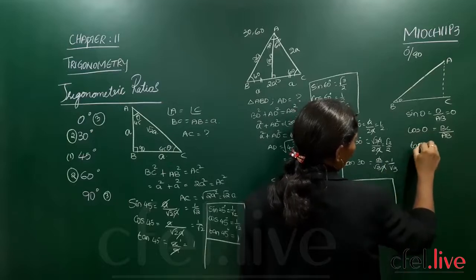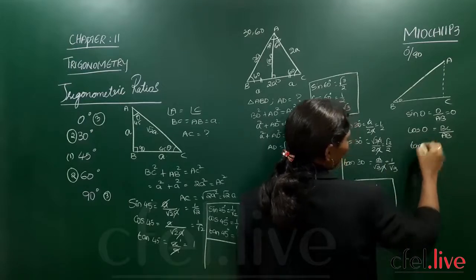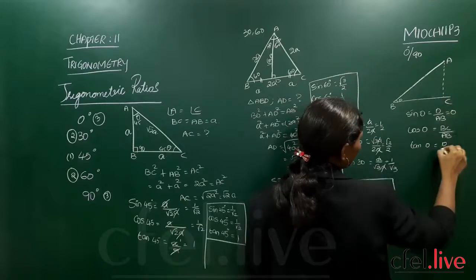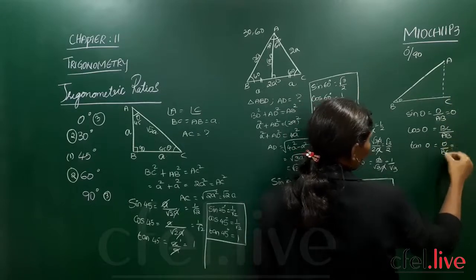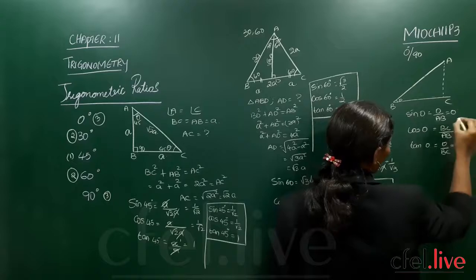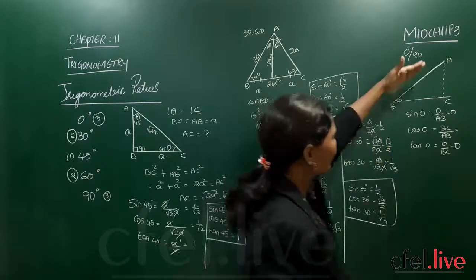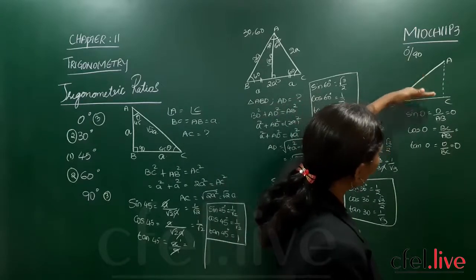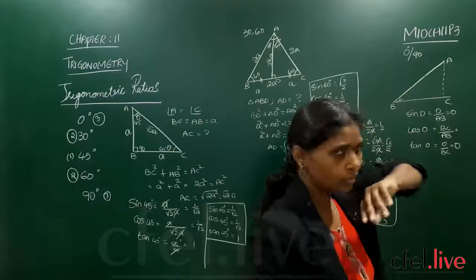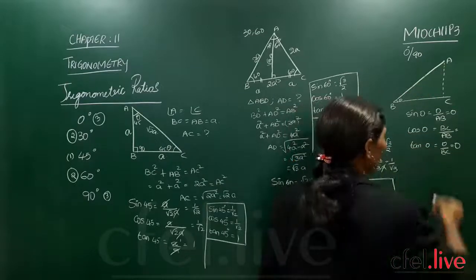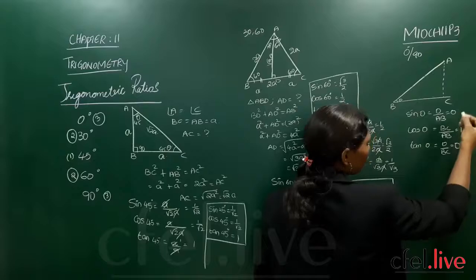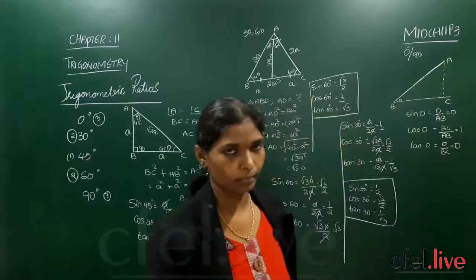Now tan 0, again opposite is not there, so 0 by adjacent BC, that is equal to 0 by something, which is 0, right? Now when this line AB is falling on BC, both the lines are coinciding and the length is the same, then BC and AB will be same, so cos 0 is 1.